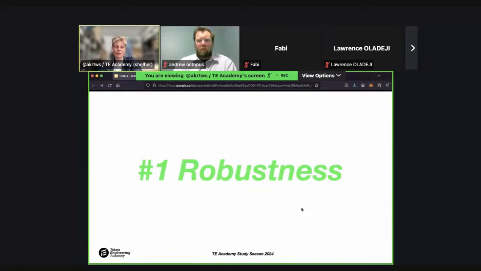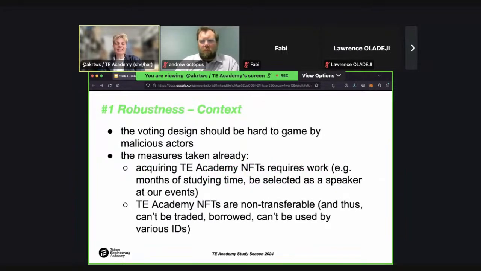Okay, number one, robustness. Let's recap some more context. The voting design should be hard to game by malicious actors. So we want to have a design that makes it hard to be taken over by those who have not legitimately acquired an NFT, for example, or those who just want to outvote other voters.